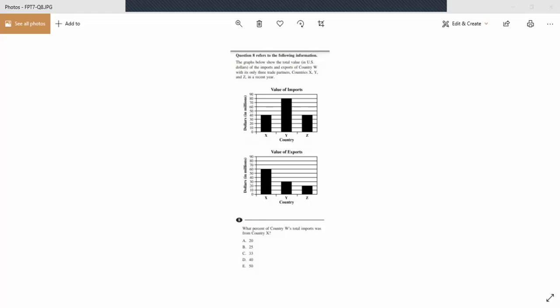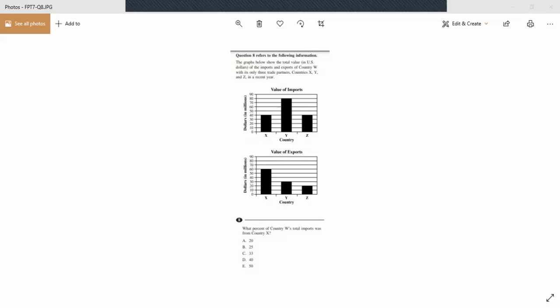It's the total value of imports and exports of country W. So these two graphs are both about country W, but they're showing information about 3 different trade partners, other countries that country W trades with. You could think of it like if country W was the United States, then countries X, Y, and Z might be Mexico, Canada, and Great Britain. These are 3 other countries that we trade with.